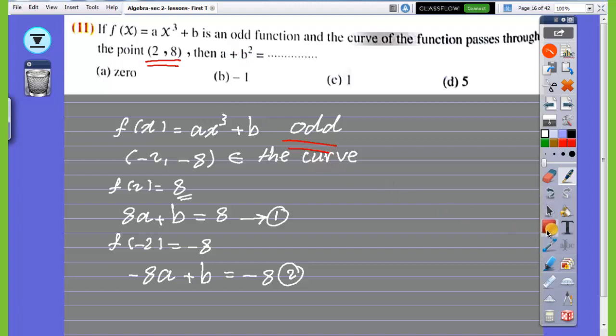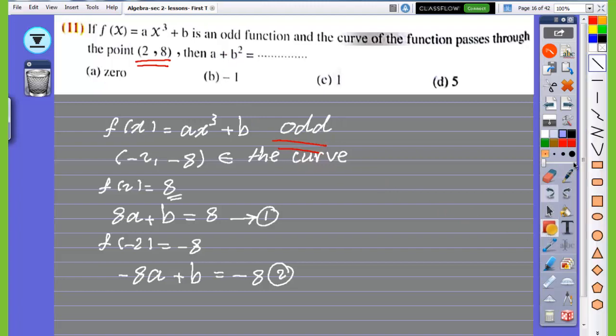So first we find the value of each of a and b.